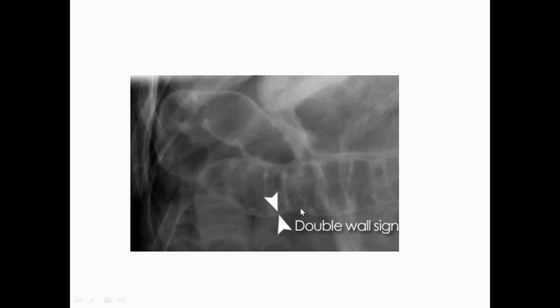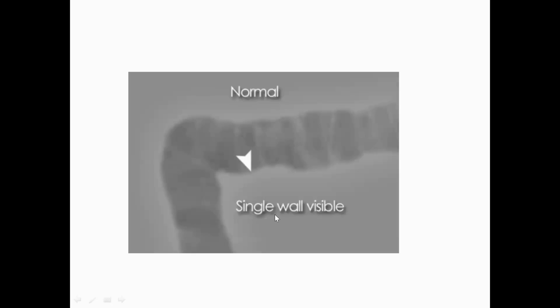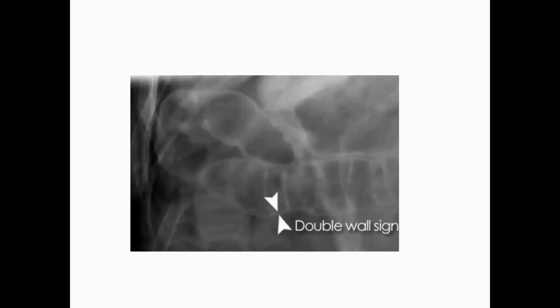It means free gas in the peritoneal cavity outlines both sides of the bowel wall, making it look like a double line. Normally, you can only see a single wall in the bowel. But here there's a double wall sign: free air in the peritoneal cavity outlining both sides of the bowel wall. This is one of the signs.